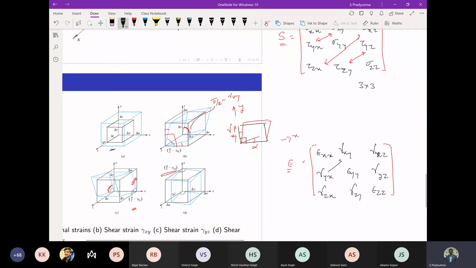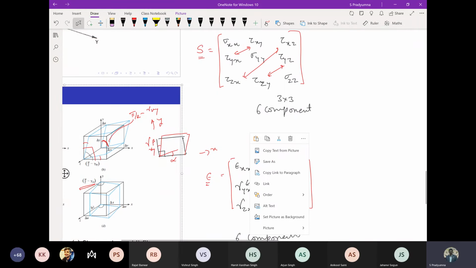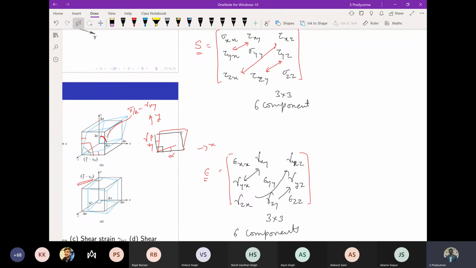Here also I can equate these pairs, so it is a 3 by 3 matrix but you have 6 components. So at any particular point I have 6 components of stress and 6 components of strain. This is very good information, as we require these parameters when we go for the analysis of stress or strain.